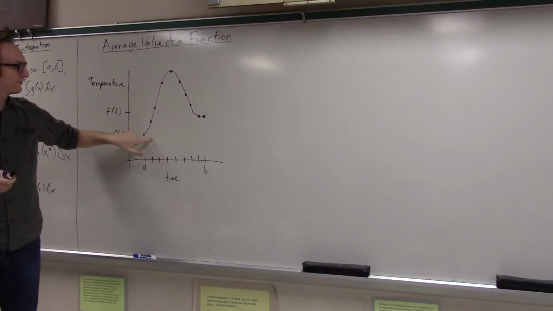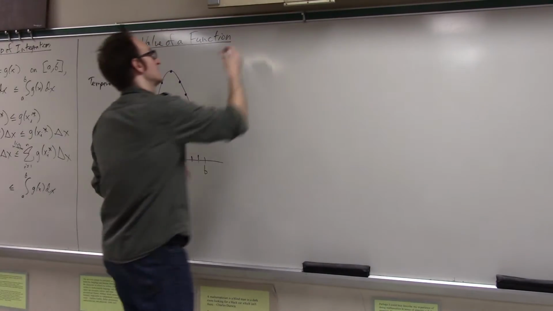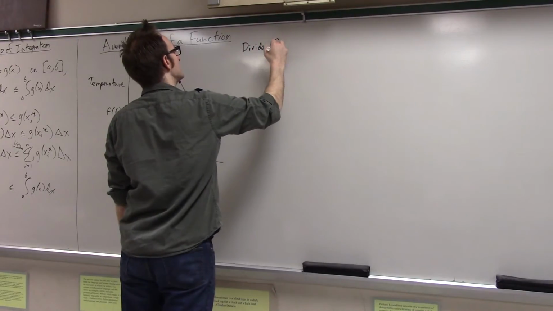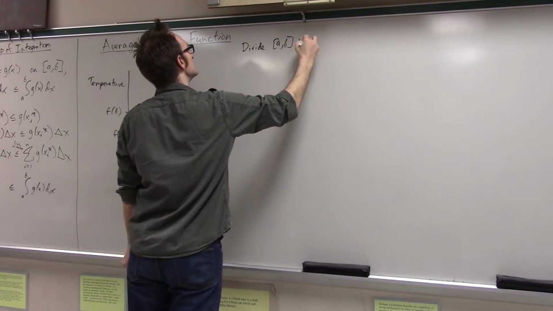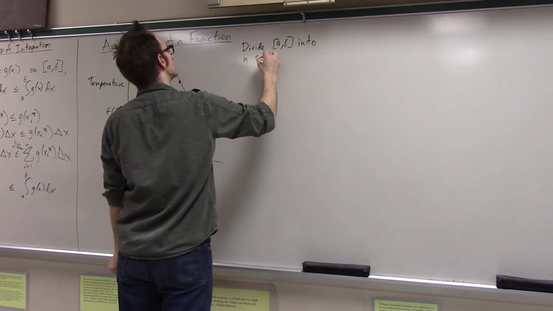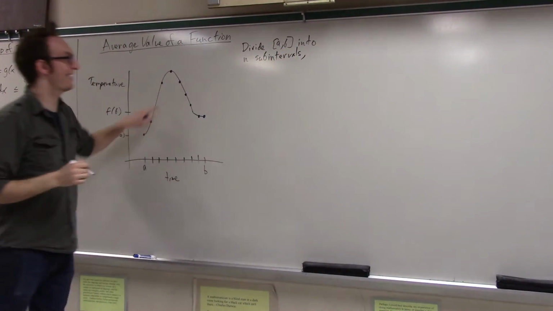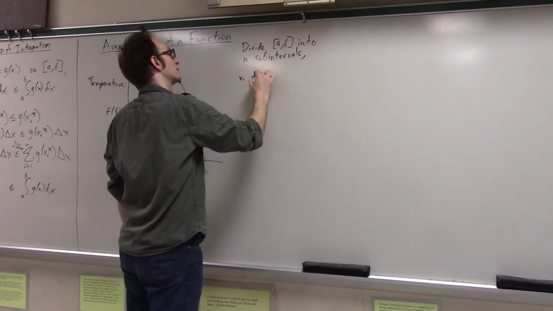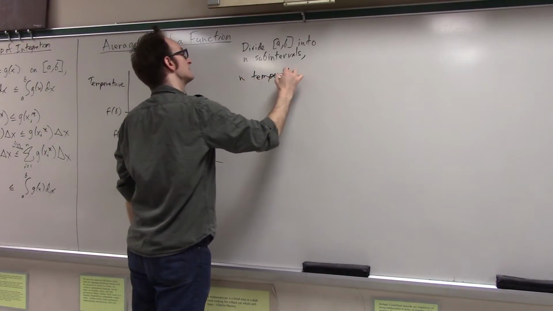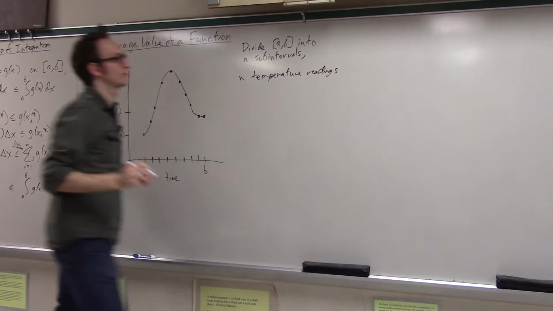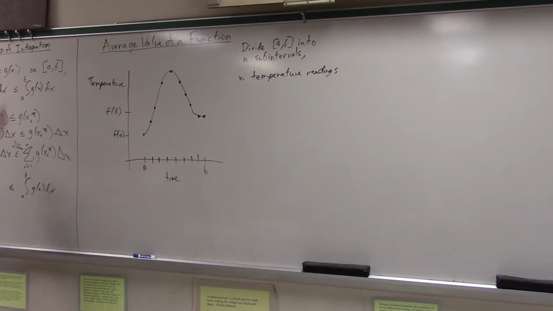If you have n, so what we're going to do is divide the interval [a, b] into n subintervals. Take a sample point, and we have n temperature readings, and what you guys are telling me is, if I have n temperature readings, the way to average n values is to just add them up and divide by n.